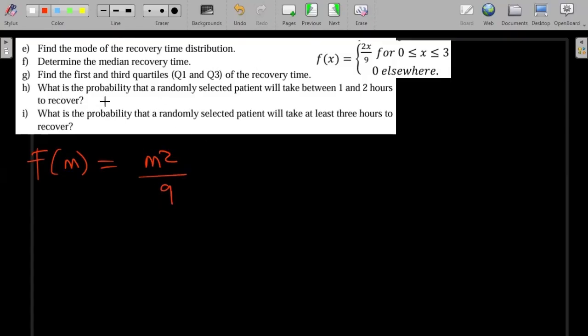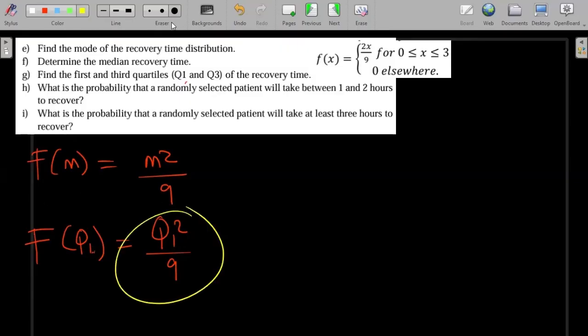Now we want to find Q1, so the CDF of Q1, if we integrate and do whatever we did, we're still going to get Q1 squared over 9. Since it's Q1, we equate this to 0.25. So Q1 squared over 9 is equal to 0.25.